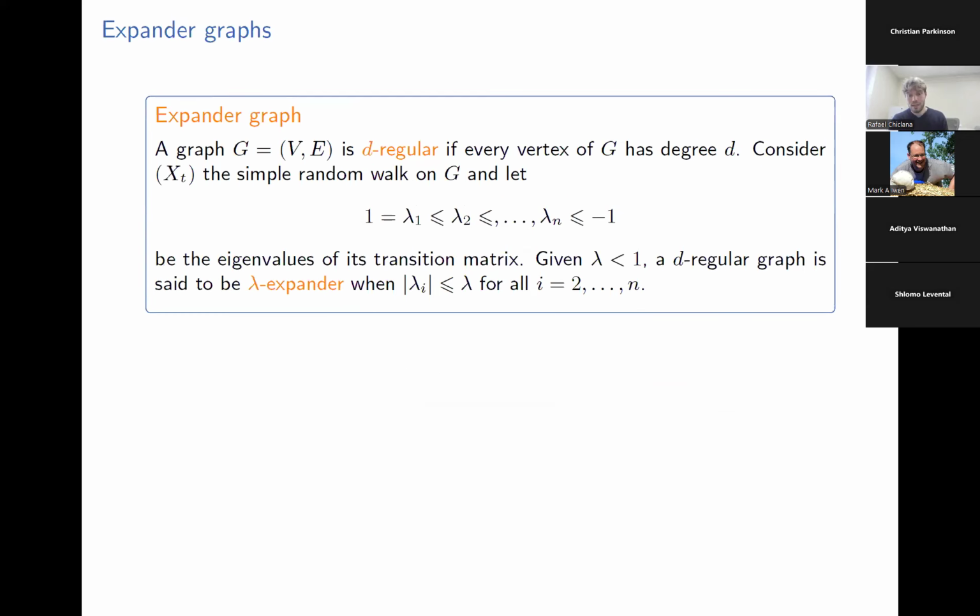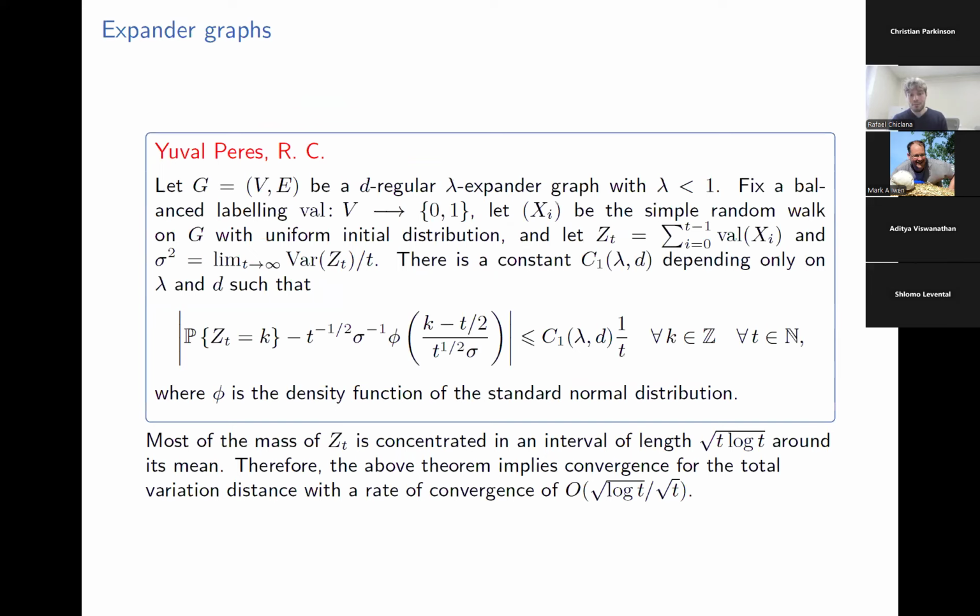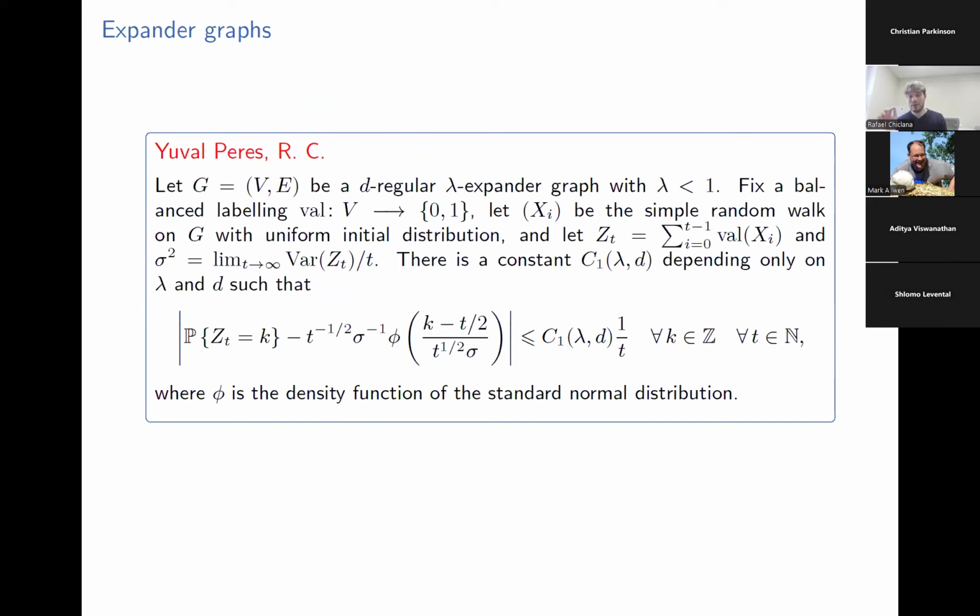Well, now that we know that the point-wise errors are very small, I just need to make sure that this random variable is concentrated. That way, if it's concentrated in some interval, I don't have to add all the errors, I just have to add the errors at that interval. And this is very well known.